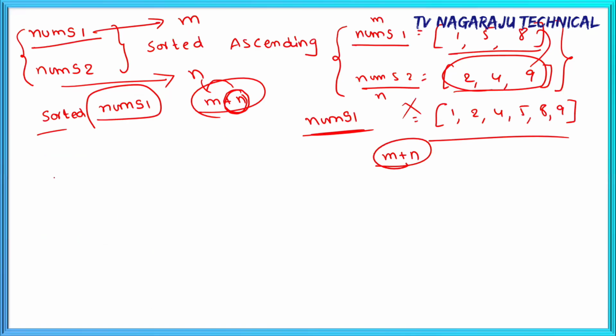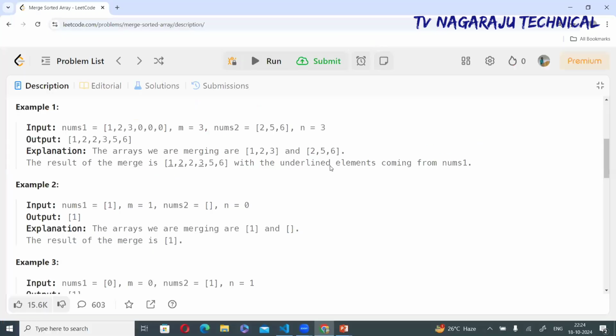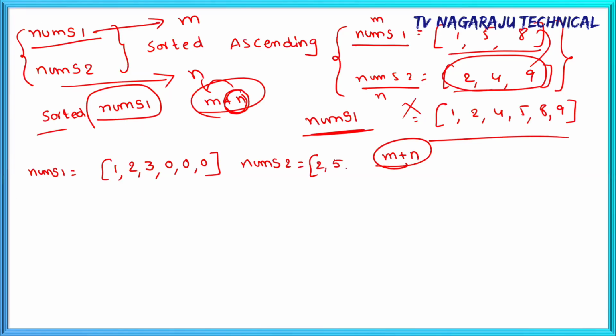Clear? Now, see this example. Nums1 is equal to 1, 2, 3, 0, 0, 0. Nums2 is equal to 2, 5, 6. Here I will explain in two ways. The first, simple one is placing these 2, 5, 6 from this position. How do you do it? Simply slicing.